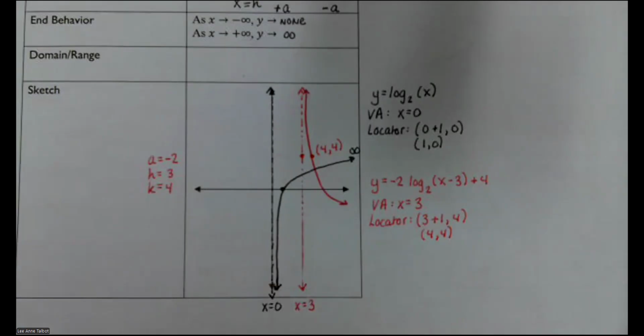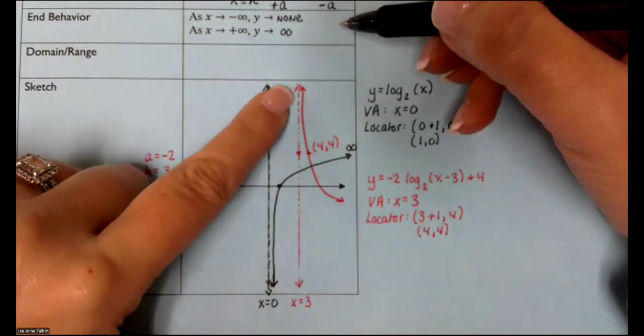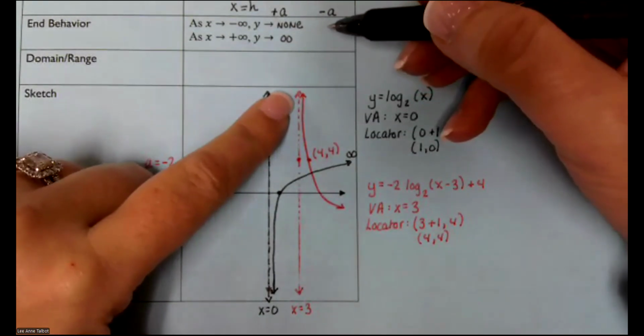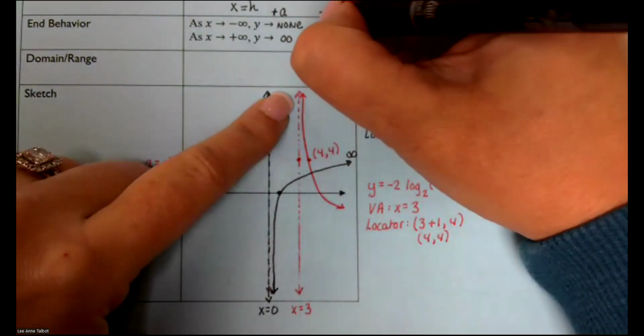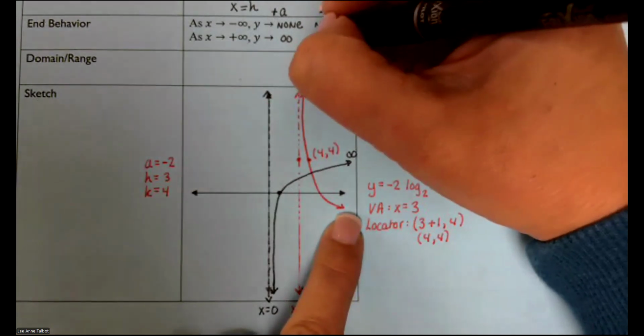Okay, so what do you notice about the end behavior? So the left arrow, is it going to go forever left? Nope. But the right arrow is going down.